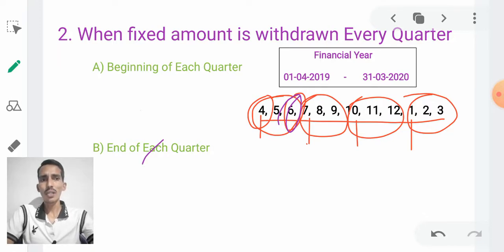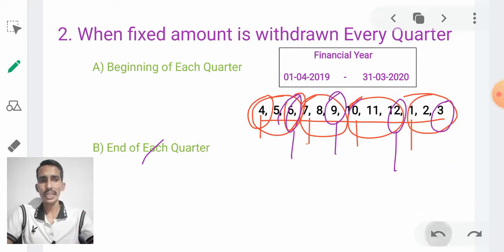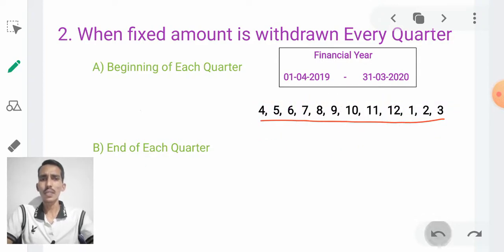The second amount he withdraws in the 9th month, because the second quarter starts with the 7th month and ends with the 9th month, and the third quarter starts with the 10th month and ends with the 12th month, and the fourth quarter starts with the 1st month and ends with the 3rd month. So here also he withdraws 4 times. If in the problem it is given as end of the quarter, we have to take the ending dates. Just I will say here which date is to be taken.